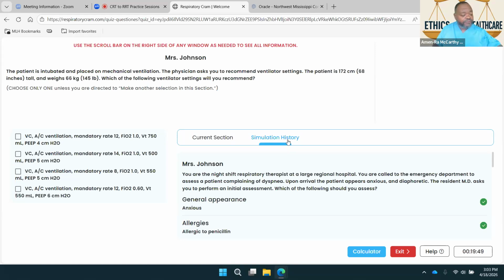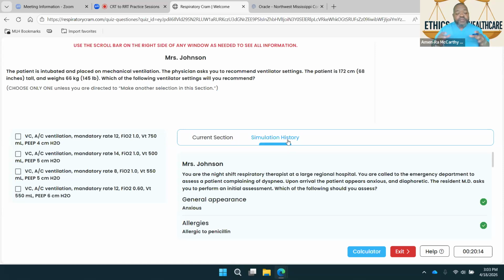I know you probably have a formula for ideal body weight, but I have an easy one. You might have an easy one as well. But just remember, ideal body weight when you're doing ventilation, trying to get a tidal volume, is 6 to 8 mLs per kilogram of ideal body weight. 6 to 8 milliliters per kilogram of ideal body weight.